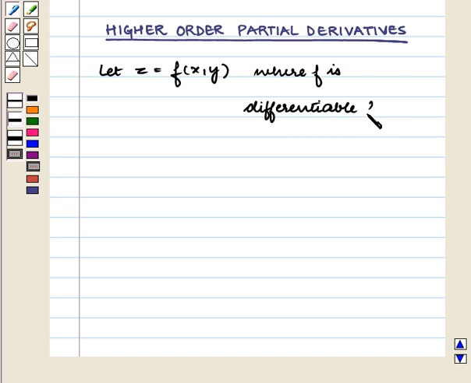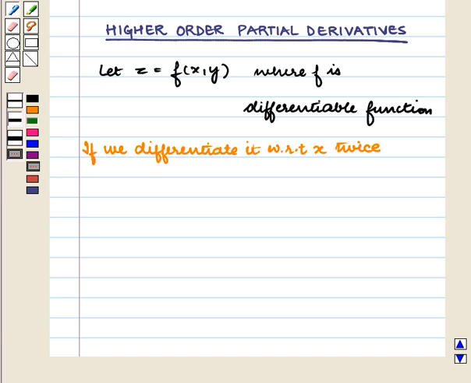If we differentiate it with respect to x twice, we write del by del x of del f by del x is equal to del square f by del x square, which can also be written as f sub double x.